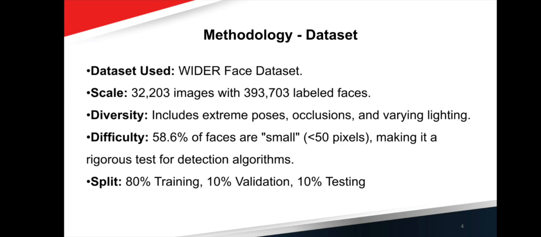The difficulty is small faces, less than 50 pixels, making them hard for detection algorithms to recognize. It splits the datasets for training and testing: 18 for training, 10 for validation, and 10 for testing.